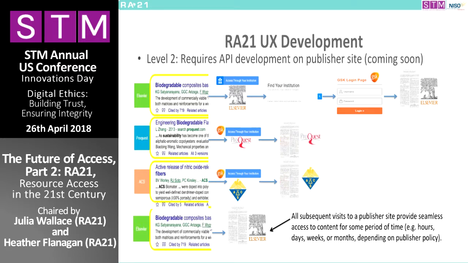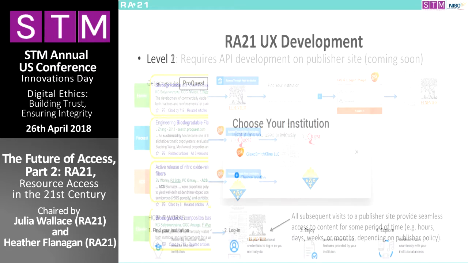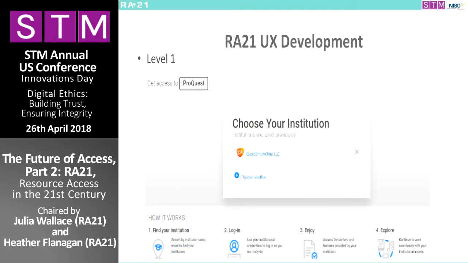The level 2 looks a little bit more like this, where in that middle layer, we're actually bringing that knowledge of your identity provider up into the publisher UI. So it eliminates a click as well. And I've got a blow up here so I can show what I mean. On the level 1, you have to click here on that link.